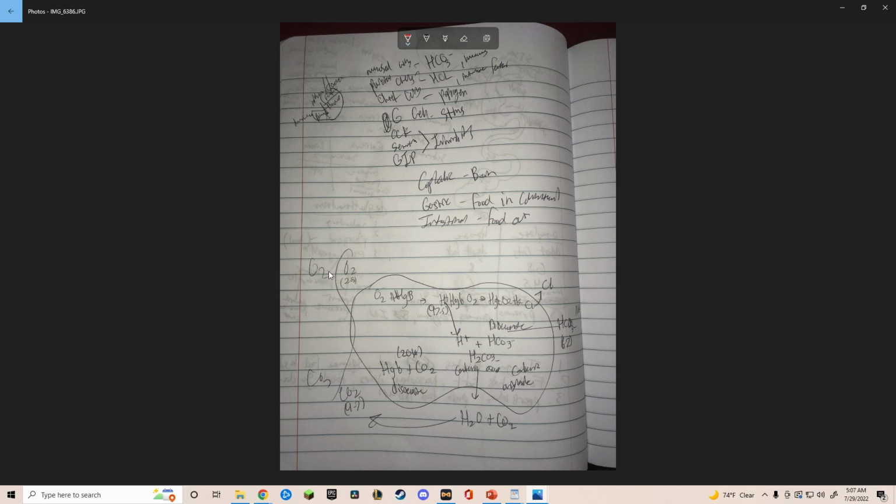So O2 goes in this direction in the alveolar end, and it binds with hemoglobin, which turns into oxyhemoglobin plus the hydrogen ion here. And from there, it turns into hemoglobin plus potassium. Now, where the hydrogen ion went is over here, down here, which we call the Haldane effect.